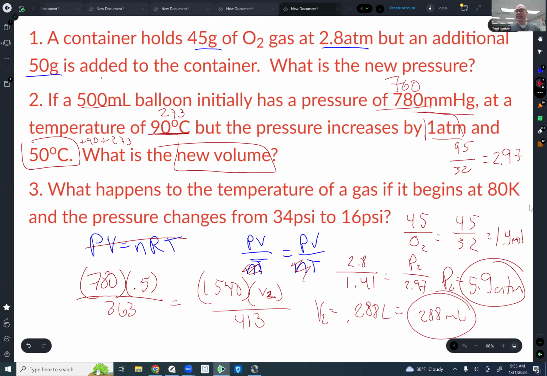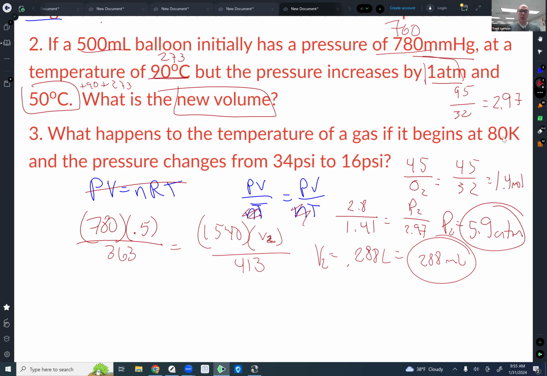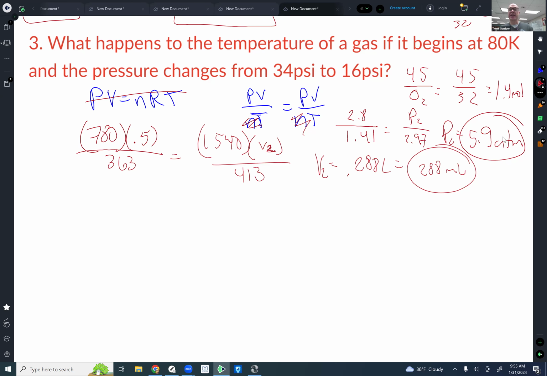Okay, now number 3. And what happens to the temperature if the gas begins at 80 degrees? So it begins at 80 and temperatures are always on bottom, and the pressure changes from 34 down to 16.